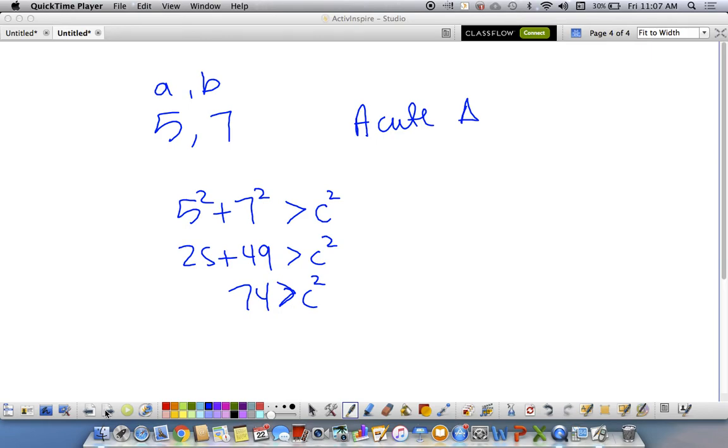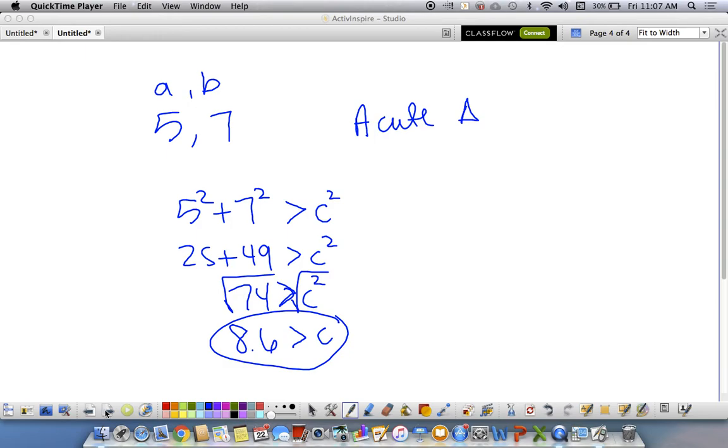Is that what C is going to be? No. Do I still have to take the square root? Yes, you still have to take the square root to get your side length. So more than 8.6. Is that what you got? 8.6 decimals. But 8.6 is greater than C. So C would have to be less than 8.6 for that to be an acute triangle.